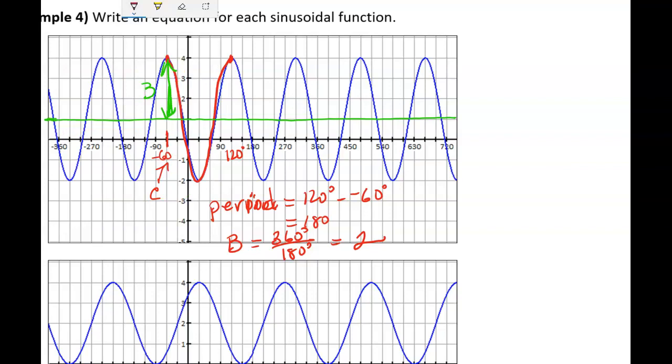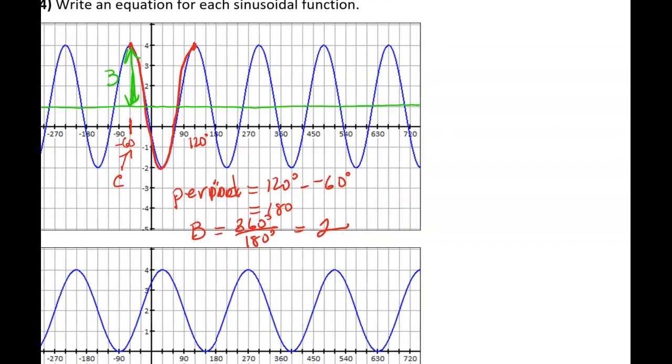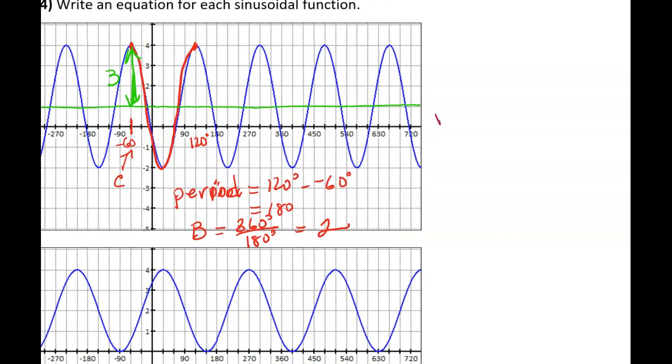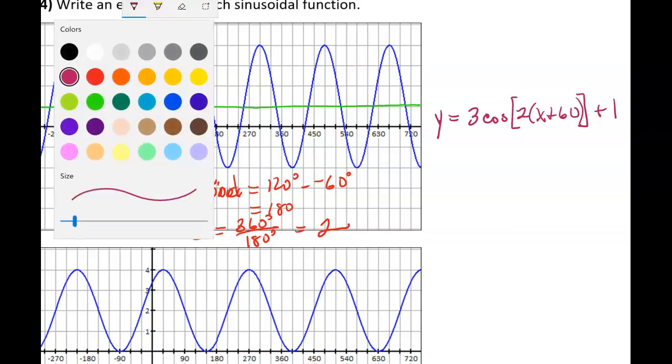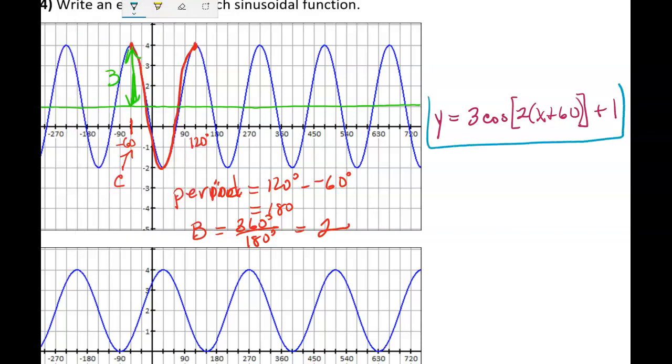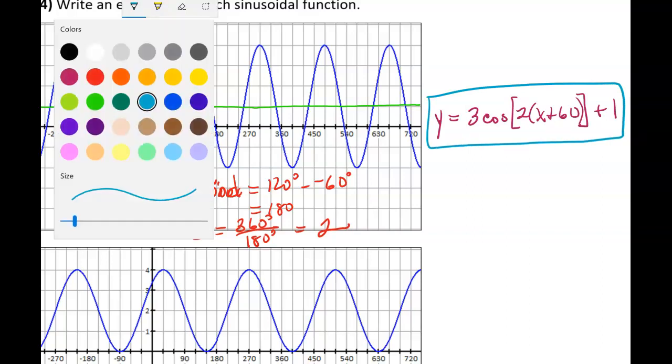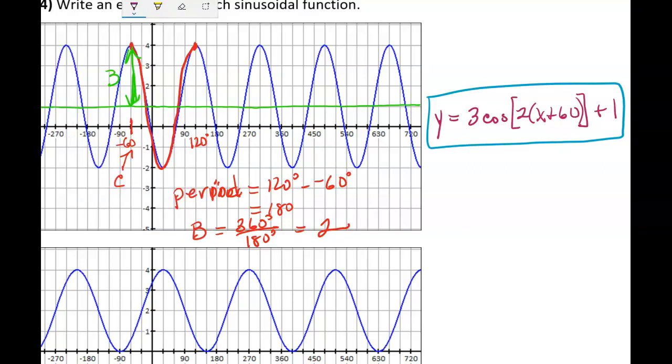So if we write the cosine function based on that, we'll have y is equal to 3 times the cosine of 2 times x plus 60. If our phase shift is negative, we're going to have a plus 60 inside the parentheses, plus 1. So there's an answer for this particular graph. Now I do want to point out that it's not the only answer.